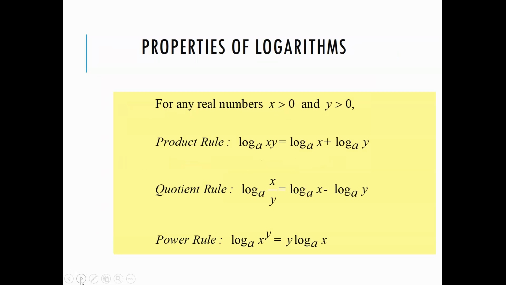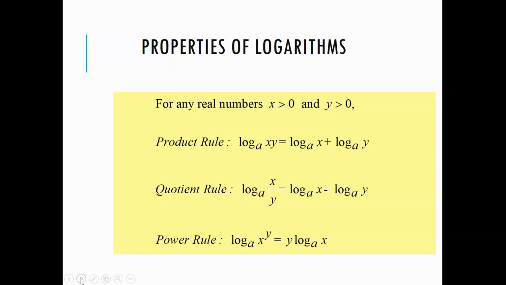One of the things we're going to focus on is being able to rewrite logarithms as well as trig functions. So that's what we're going to look at today. In this example, you have log base a of xy equals log base a of x plus log base a of y.